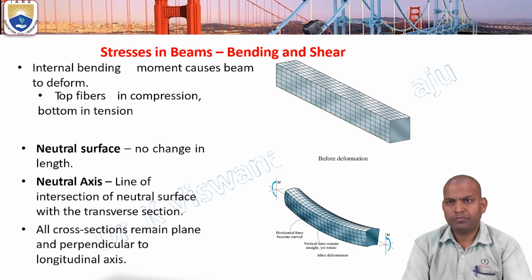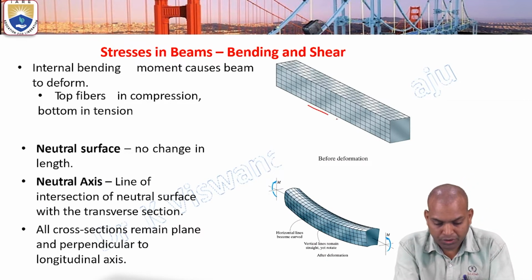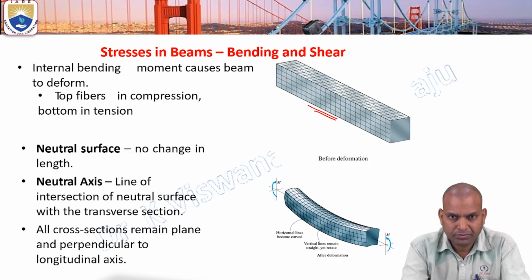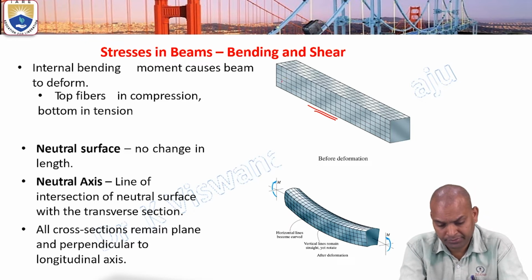To understand the concept of pure bending better, when the beam is bending, observe the lines before deformation. These are the horizontal lines and vertical lines. Before deformation, all are straight lines, horizontal straight lines and vertical straight lines.